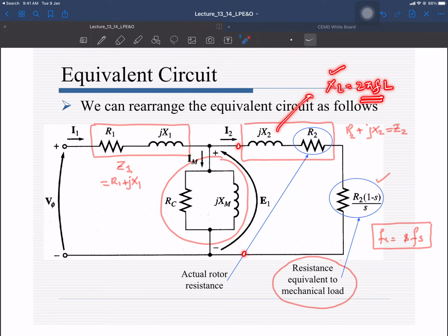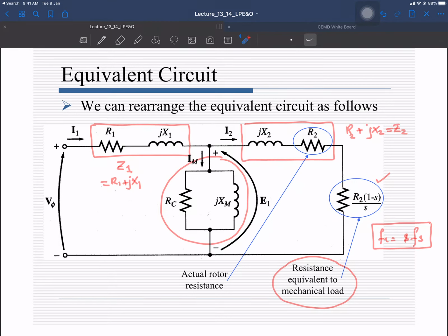But we updated the circuit by introducing this virtual resistance, such that the EMF can be considered constant over here. This X2 can be considered constant, and all the frequency effect is in the resistance R2 into (1 minus S) by S, which represents the energy that is converted into the mechanical form.